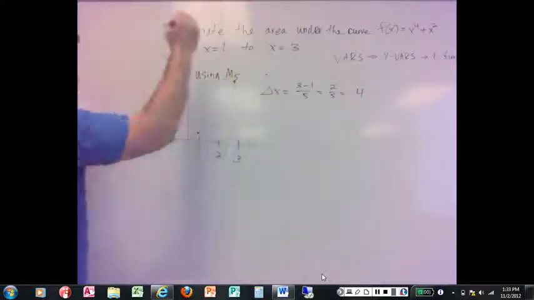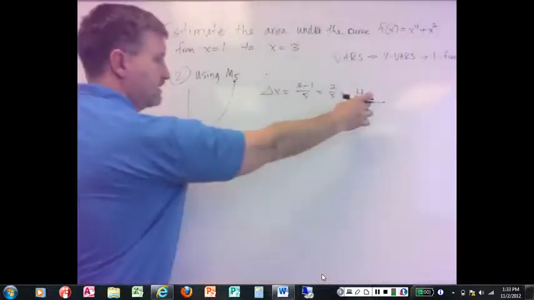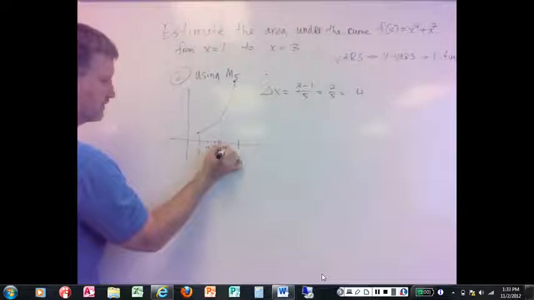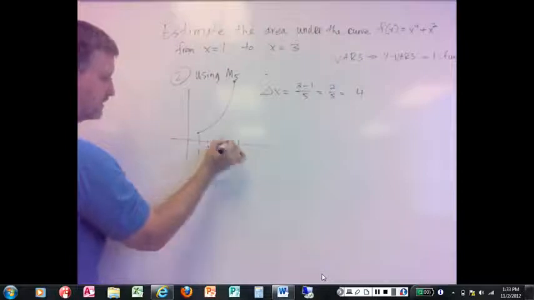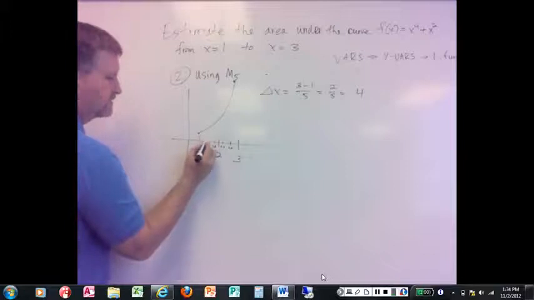If I use midpoints, I'm dividing this up into 0.4s. The first endpoint would be 1.4, then 1.8, then 2.2, then 2.6, and 2.6 plus 0.4 is 3.